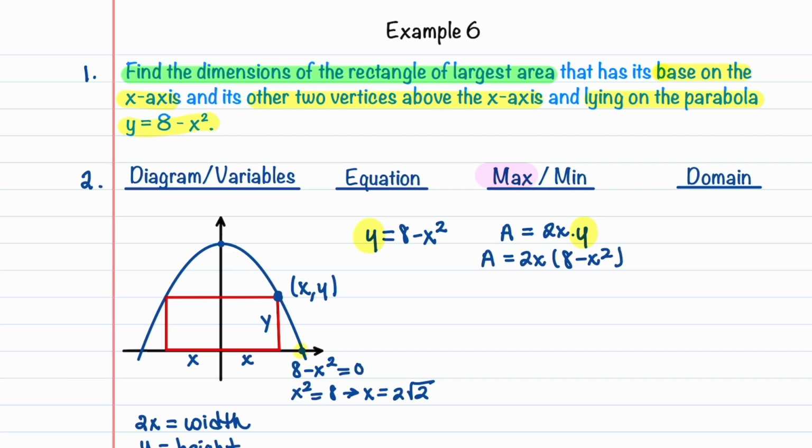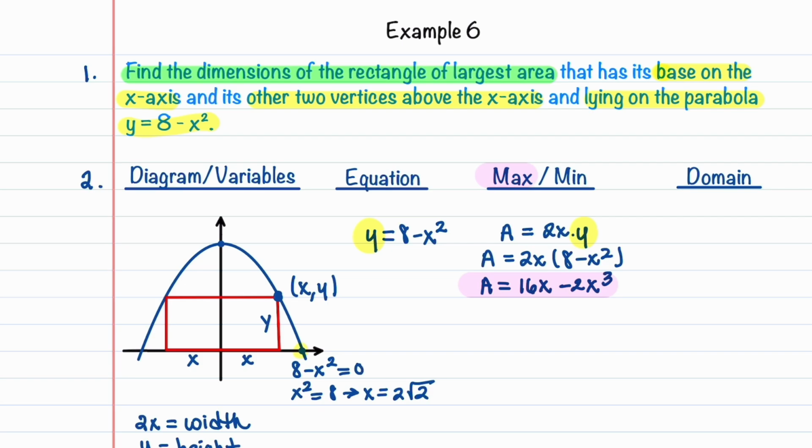In order to maximize our area, we are going to have to take the derivative of A. So what's really good to do is to go ahead and rewrite A in the easiest way that we can take the derivative. I'm going to write A as 2 times 8, which is 16, so 16x minus 2x cubed. And let's highlight that because that's the area that we're going to take the derivative of in a few minutes.